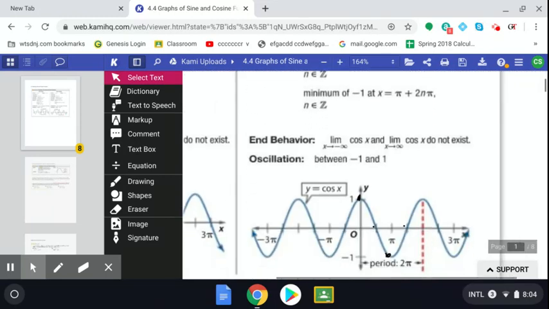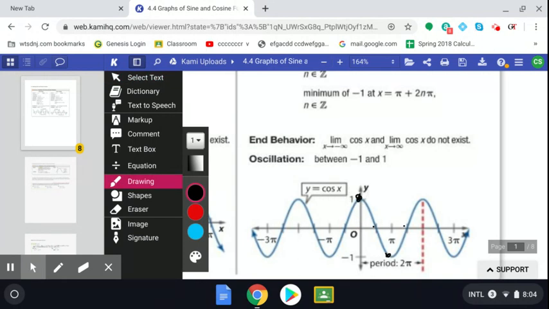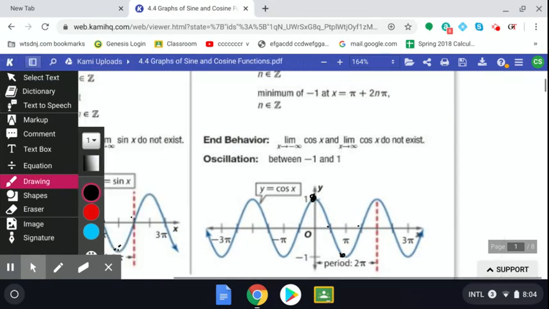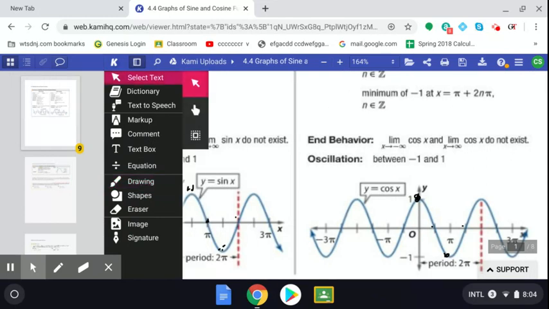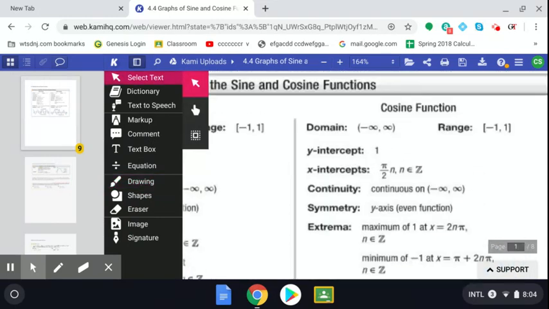So for cosine, sine 0 is 0. Cosine 0 is 1. So you can look at the characteristics here and see for cosine, it's still going to be negative infinity to positive infinity, range negative 1 to 1. Y-intercept is 1. X-intercepts are pi over 2 times n. So every pi over 2, if you multiply by an integer, you're going to get an x-intercept.